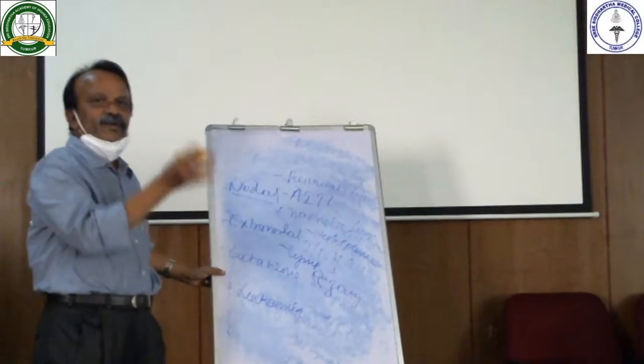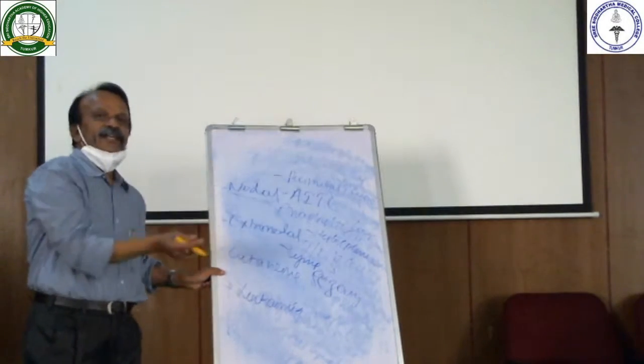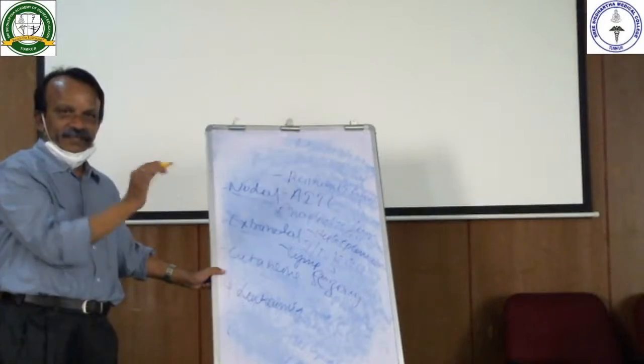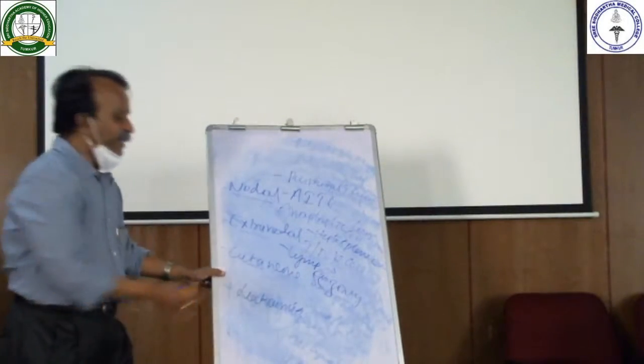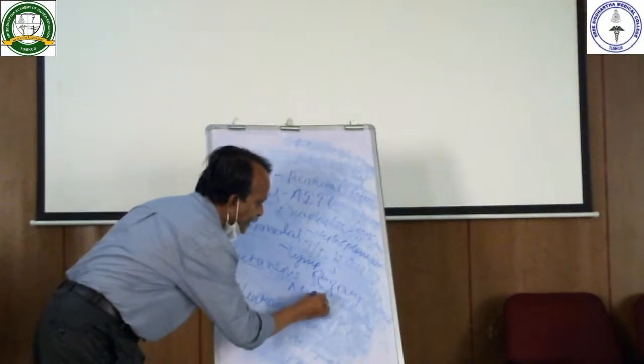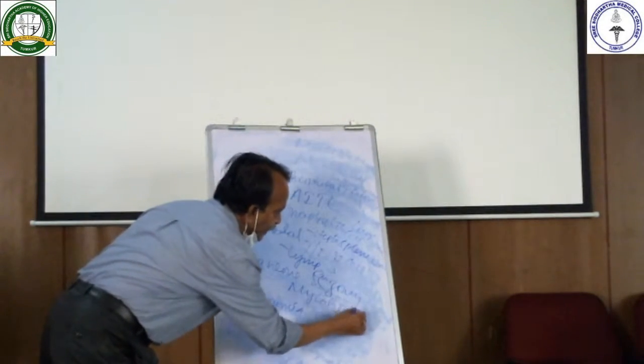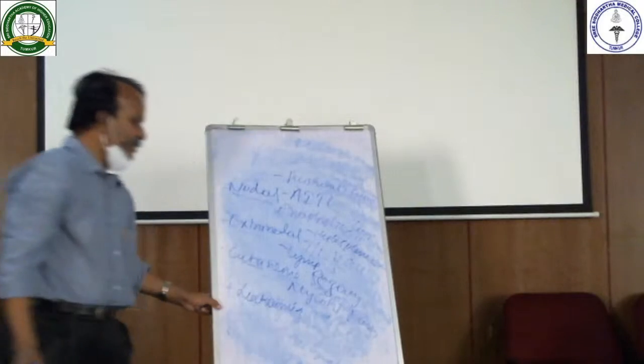So Burkitt's lymphoma also comes under non-Hodgkin's lymphoma B cell type, right? So here the cutaneous type: mycosis fungoides, and then Sezary syndrome.